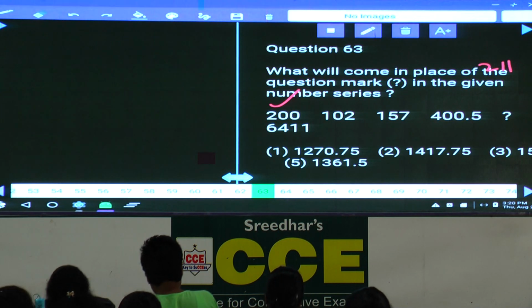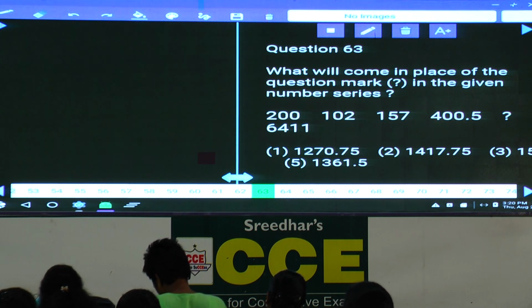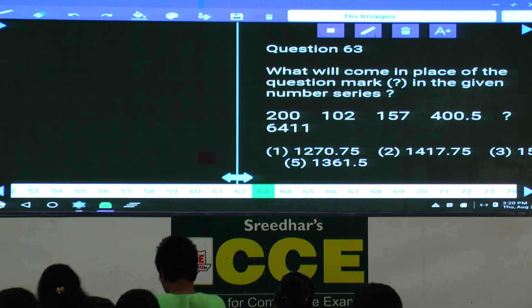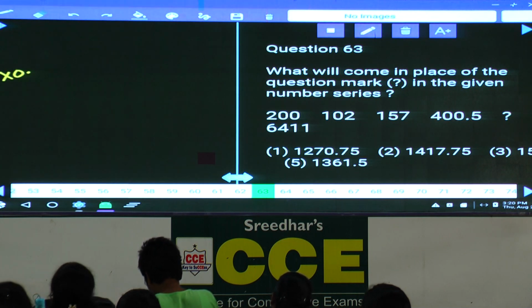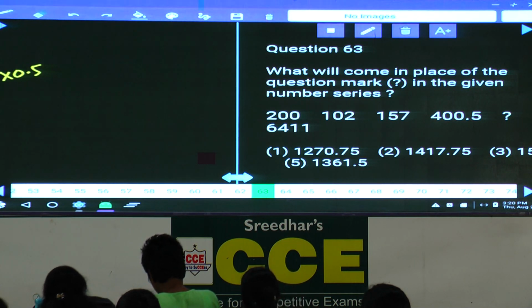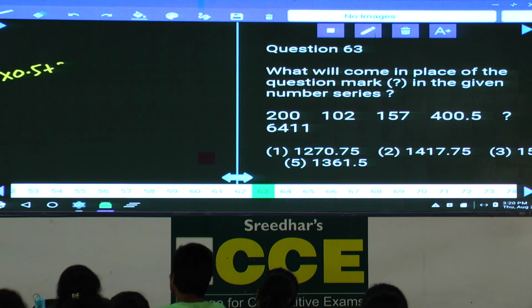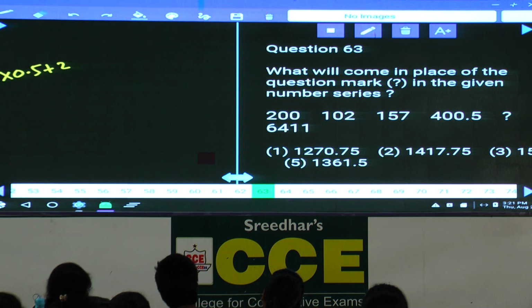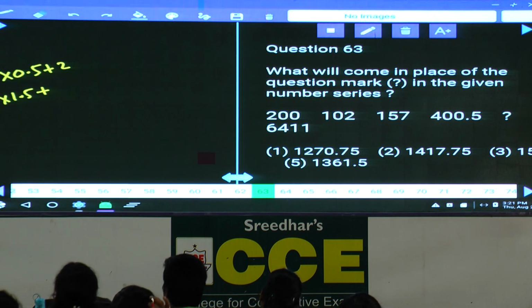Then 63. Now in question number 63, 200, 102, as the number once decreased, then we need to go for into how much, into 0.5. Now whenever the number once decreased and from there onwards it started increasing, there are only two possibilities. What are those two? Into 0.5 in most of the cases, or else into 1 minus something. And into 0.5 plus how much? Plus 2. Into 0.5 plus 2. 102 and 157. 102 into 1.5 is 102 plus 51, and that is 153, plus 4.